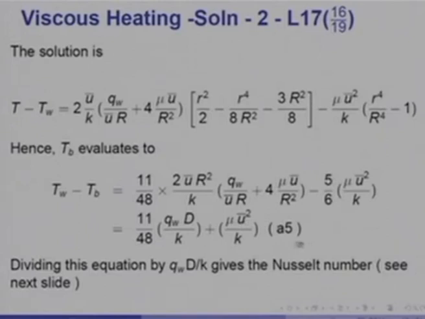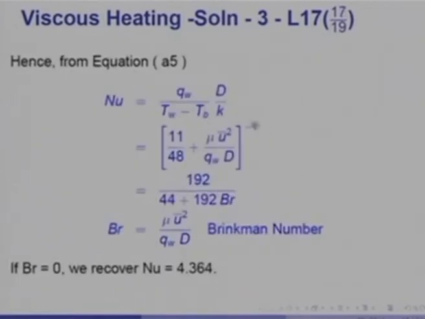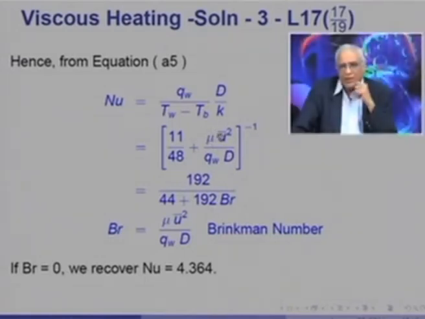And therefore, now it is very easy to define: if I divide both sides by q wall d by k, then the Nusselt number would be obtained as 11 by 48 plus mu u bar square divided by q wall d, raised to minus 1. And this quantity is called the Brinkman number, after the scientist who first solved this kind of problem.